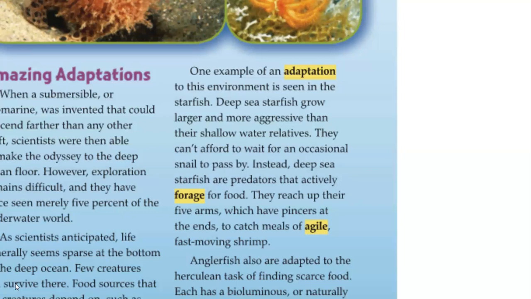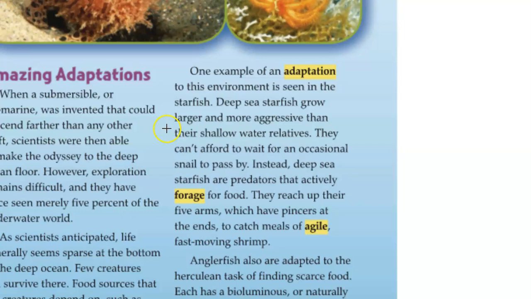So we have two kinds of starfish. One that lives near the surface, and one lives deep inside the ocean. Now they are different. See how. Deep starfish grow larger and more aggressive. Okay? Aggressive means always furious, always angry, always ready to attack.